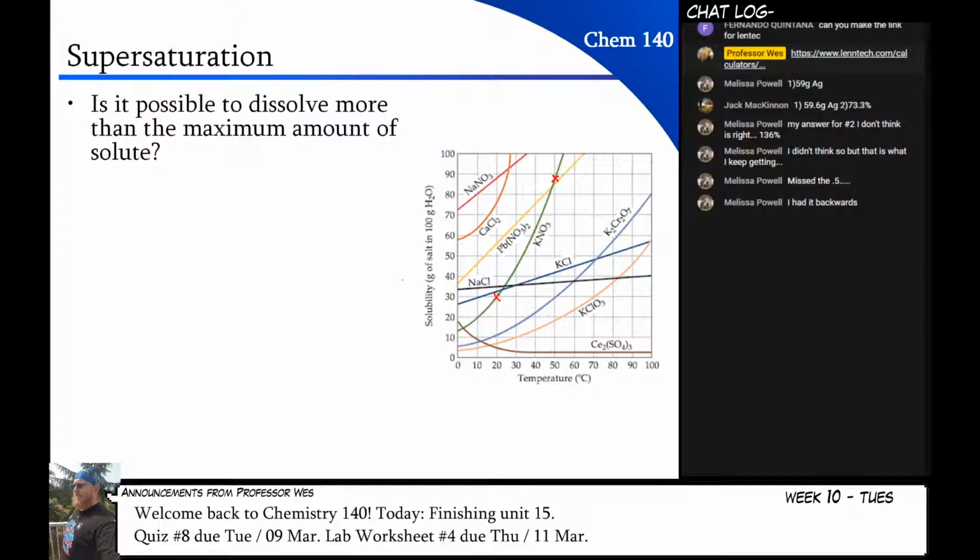So if I put 20 grams of KNO3 in 100 milliliters, which is 100 grams of water, at 20 degrees Celsius, if I'm right on this line, I have dissolved as much as I possibly can, and if I try and add any more to this, only this much will dissolve. So this would be a saturated solution.